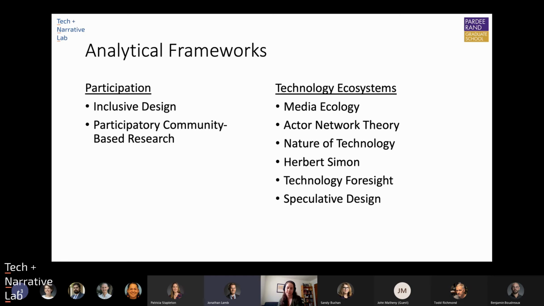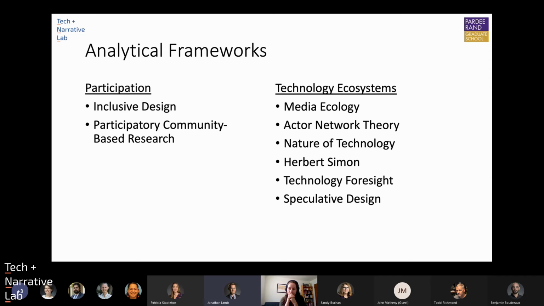And Herbert Simon talks a lot about the recursive quality of the impact of technology on an environment, and how that might affect behavior and then subsequently affect future technologies. So weaving those ideas together is to look at an actor network or something like that describing an environment, and then drawing some inspiration from these other lines of thought around how that might change, and why it might not change, the resistance to that.